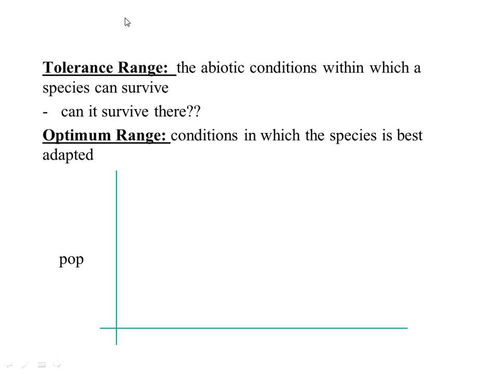Now, I can put whatever information on there that I want, but I just want to define this. So let's use temperature on the bottom of this one. I'm going to put temperature down here. This could be for humans, all right? Or it could be for a particular type of fish, or it could be even for a plant.